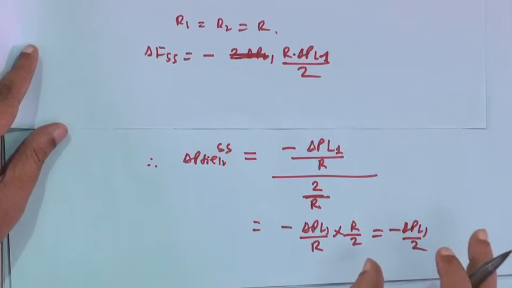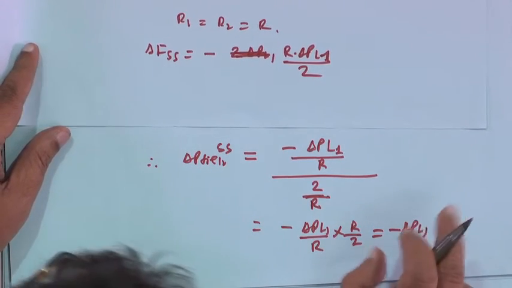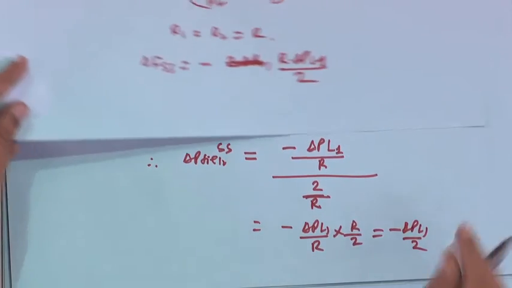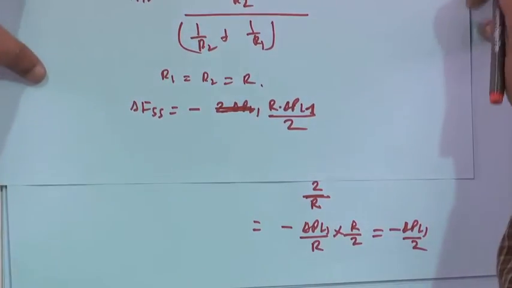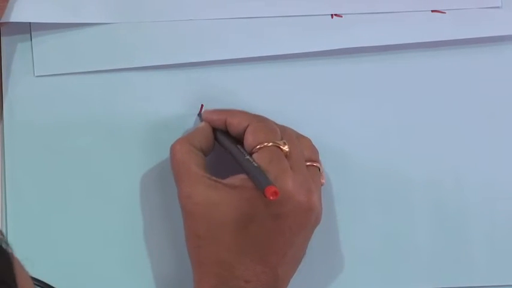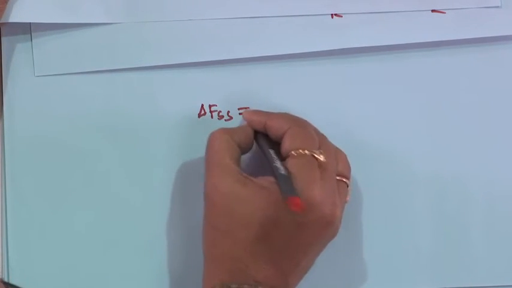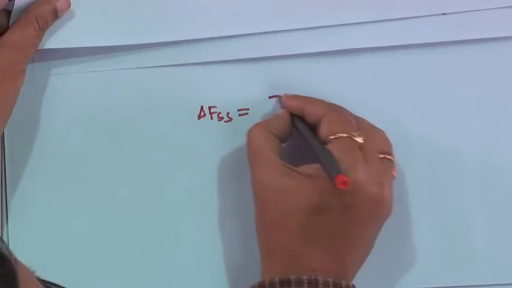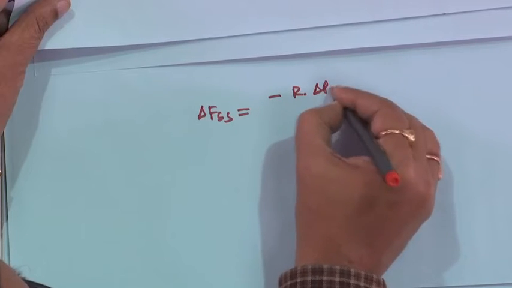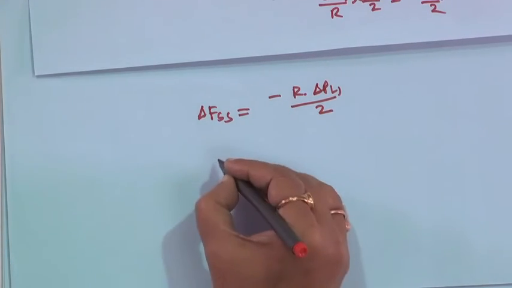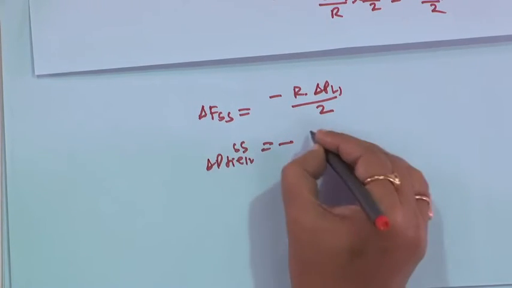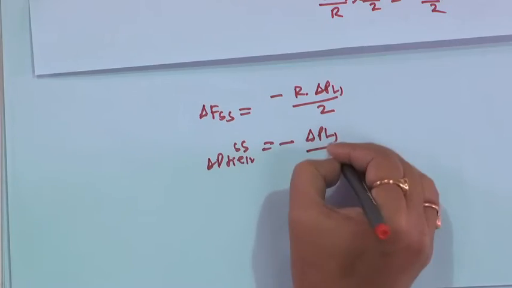That means, when D1 and D2 are equal to 0 and R1 is equal to R2 is equal to R, if we write separately, the steady state error delta F SS is equal to minus R into delta PL1 upon 2, and for tie line power, delta P tie 1 to 2 steady state is equal to minus delta PL1 upon 2.